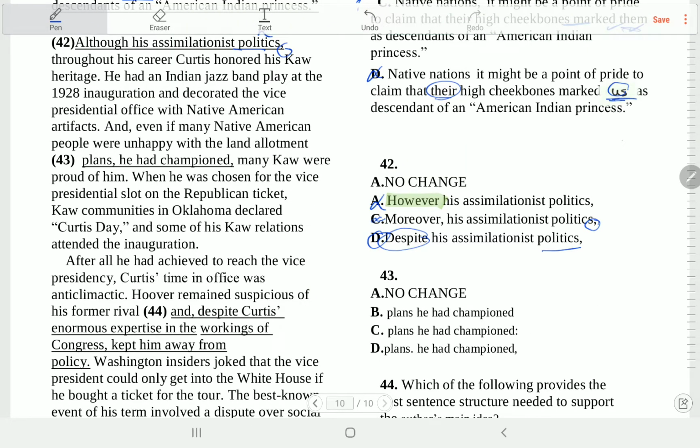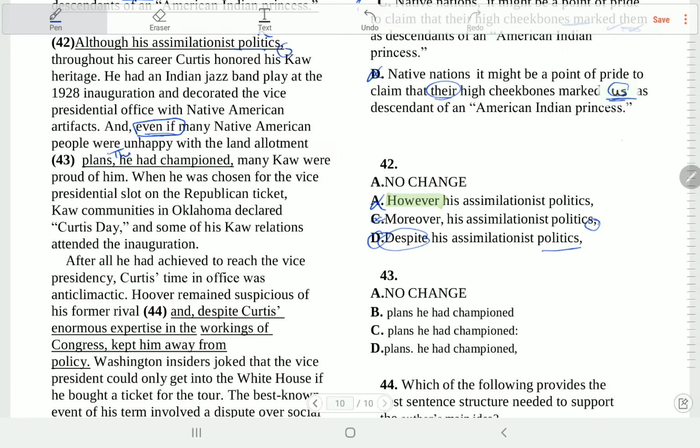Okay, number 43. And even if many Native American people were unhappy with the land allotment plans he had championed, many were proud of him. This sentence is a bit tricky, guys. What did it start with here? Even if. This is a subordinating conjunction. Where does it end? Even if many Native American people were unhappy with the land allotment plans. Here there should be a that, the plans that he had championed.